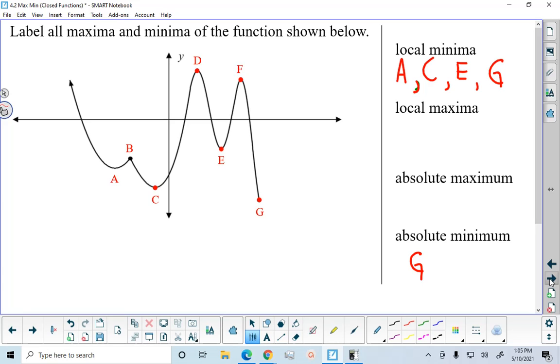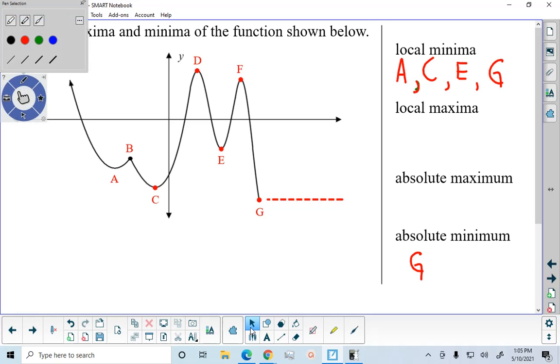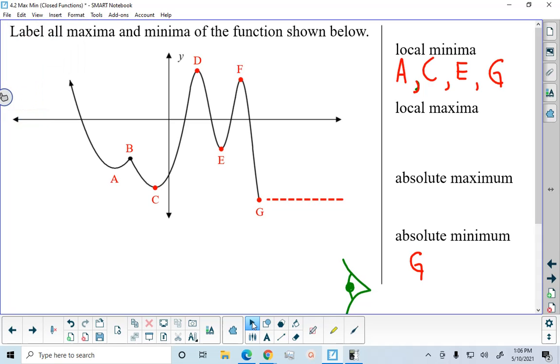If I were to put my eyeball along this line and look at G, I can see the graph there. But if I were to go anywhere lower, I will never, ever encounter that graph, which means G is as low as it goes, and that means it's the absolute minimum.